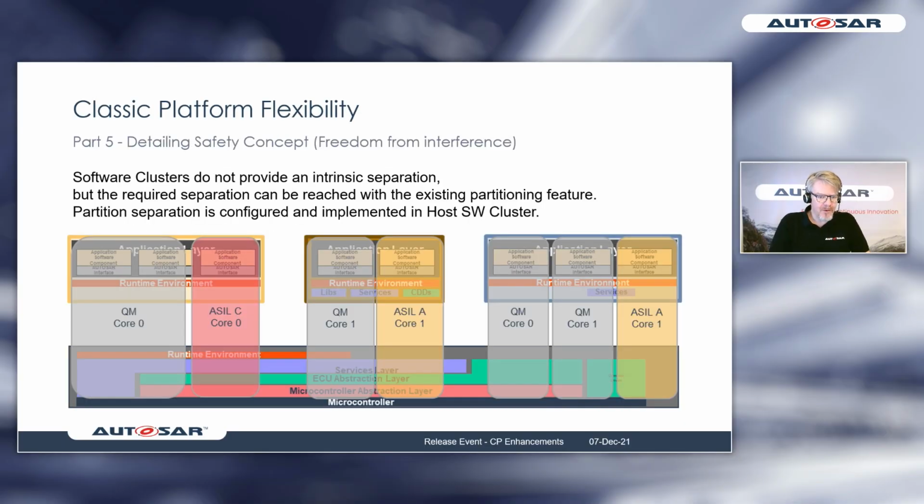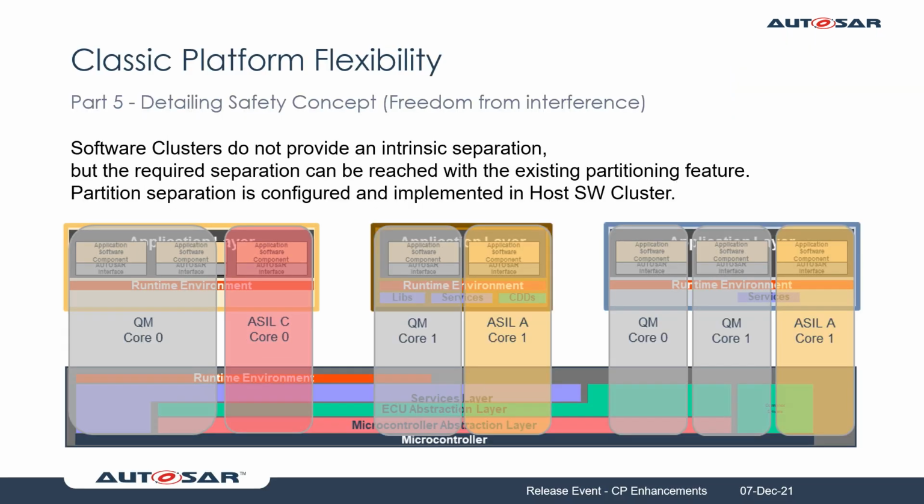But also in this concept, safety is always an important point. So also here, the concept had a strong look at the safety concept. The first and most important for safety is always the freedom from interference, because the software clusters do not provide any instant separation feature like a Docker container in Linux, for example.